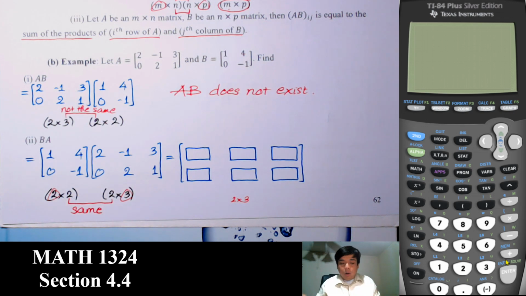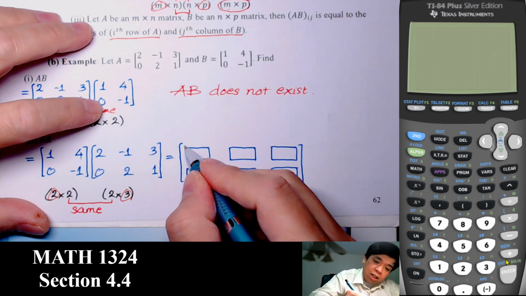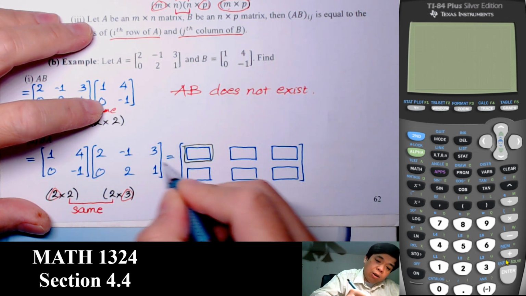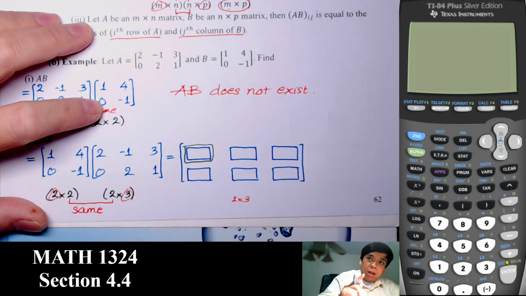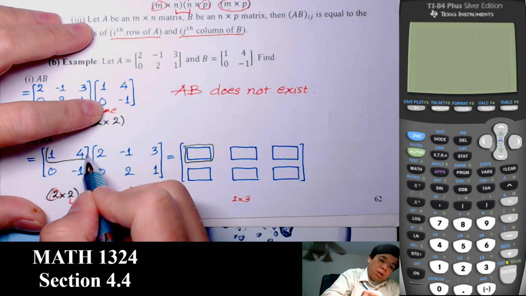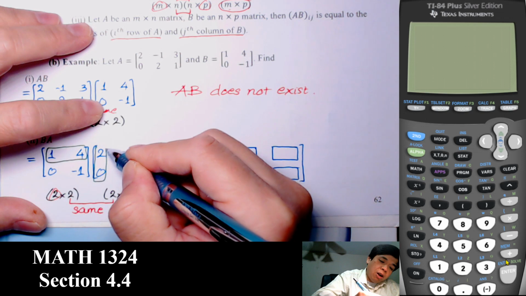Now, let's say this entry is in the first row and first column of the product. The row comes from the first matrix and the column comes from the second.